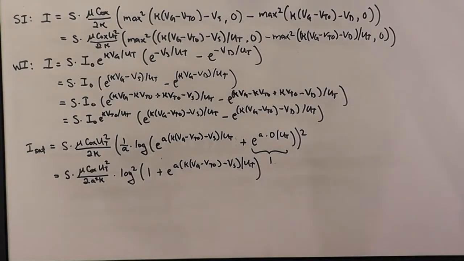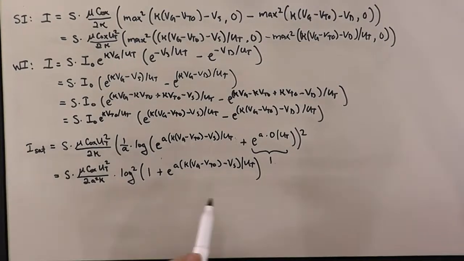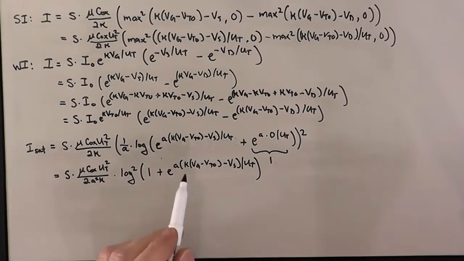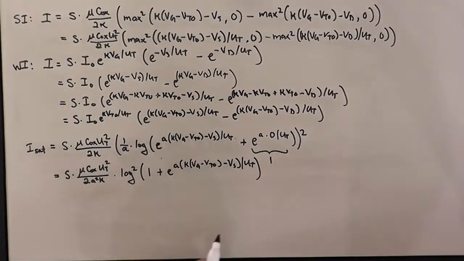And what we would like to do is to see what happens if this is our model in what would be the weak inversion region. And so that would correspond to when the argument of this exponential is less than 0.